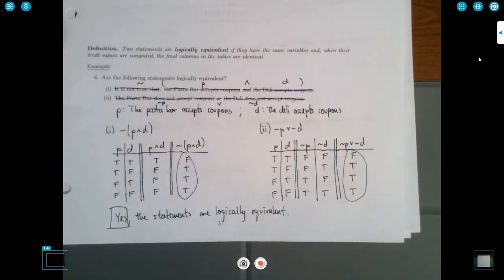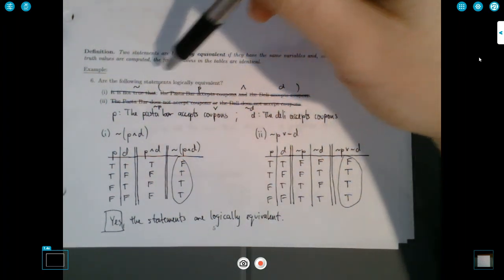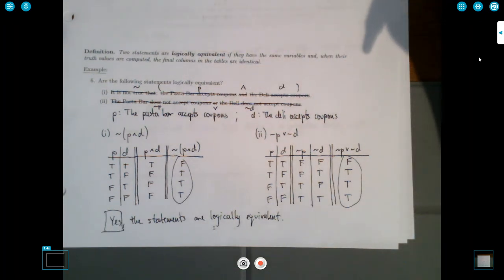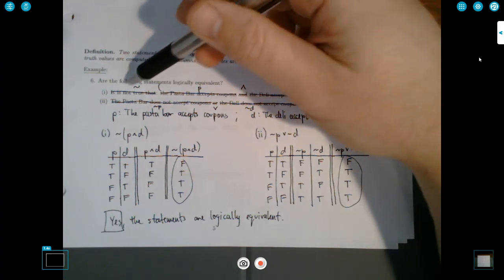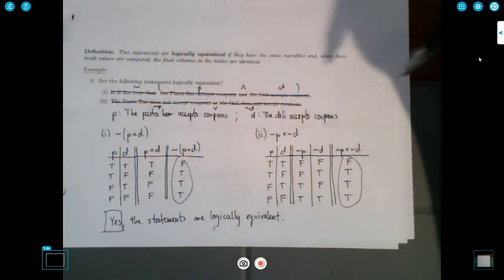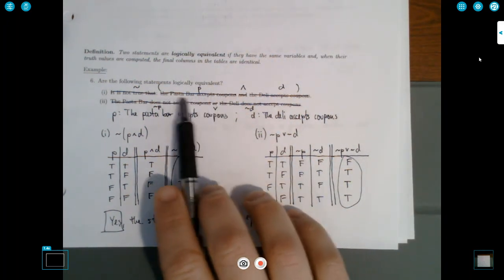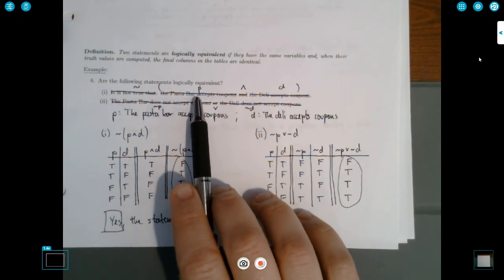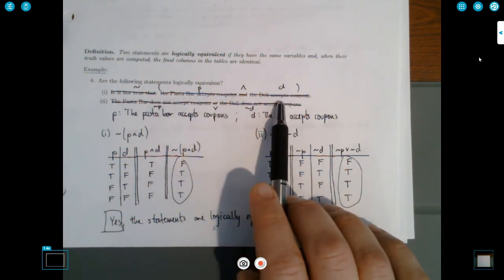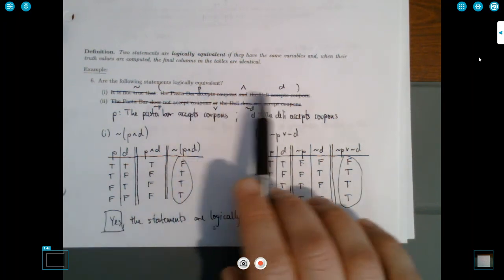Now, if you think about this in words, right? Let's think about the statements again. It says, it is not true that the pasta bar accepts coupons and the deli accepts coupons. Right? So, if it's not true that that's the case, how could that not be true? Well, it could be that the pasta bar accepts coupons, but that the deli does not. Right? So that's possible. Or it could be that the pasta bar doesn't accept coupons, but the deli does. Or it could be that neither of them accepts coupons.